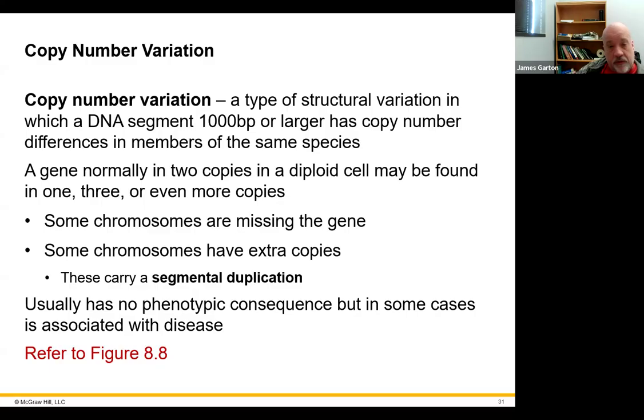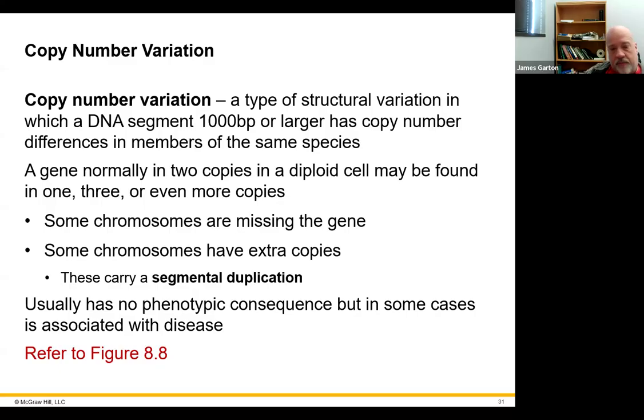However, some individuals might have three or four or however many copies of that gene. Some chromosomes might be missing that gene entirely. Some chromosomes have extra copies of that little piece of DNA.